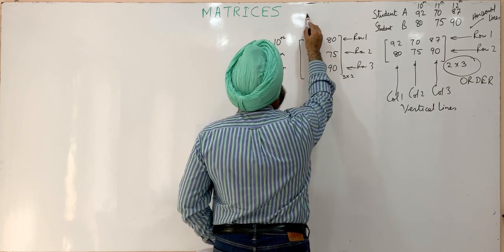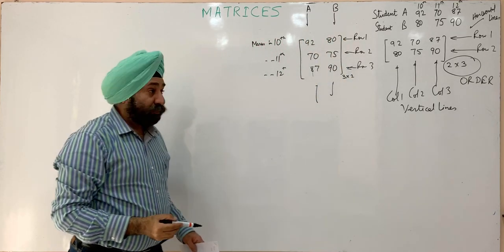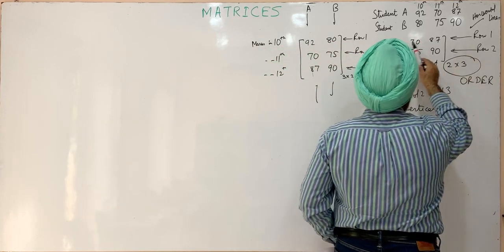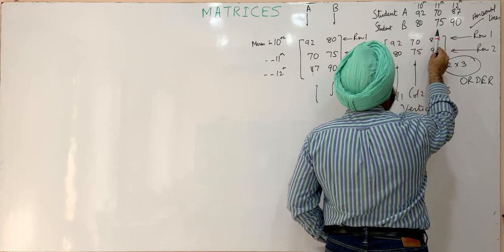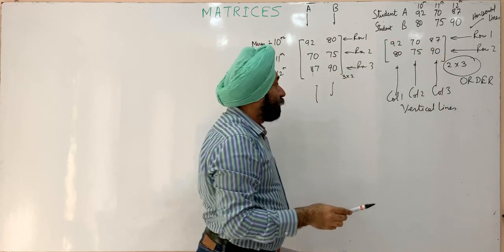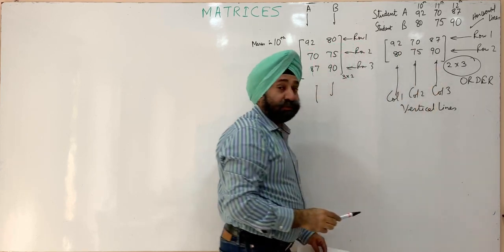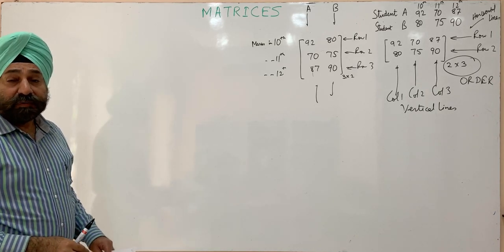This is for student A, this is for student B. And in the first representation, the first row is marks of student A in class 10, 11 and 12. And the second row, marks of student B in class 10, 11 and 12. So this is the idea of a matrix.